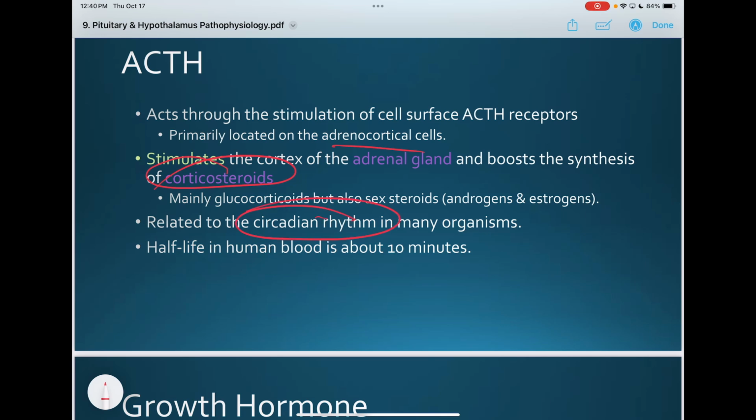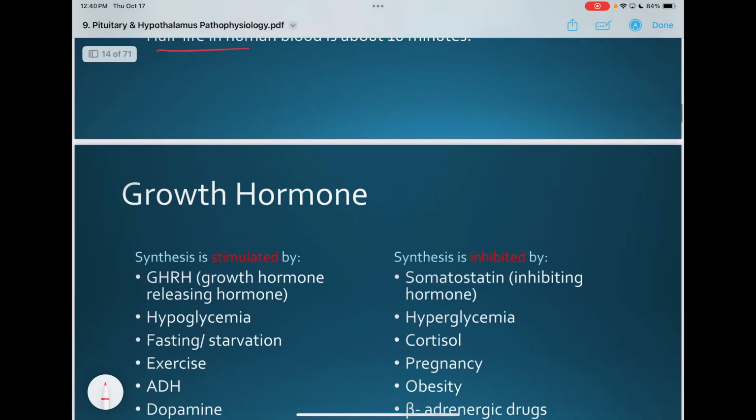When does cortisol come out? In the morning, and it allows us to wake up. So cortisol spikes in the morning and wakes you up, which is why, if you wake up around 3 a.m., it's a cortisol spike. Because your body's thinking, oh, we need to be awake now. Cortisol is coming out. Half-life in human blood is about 10 minutes for ACTH.